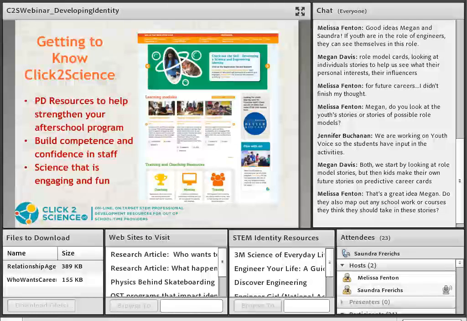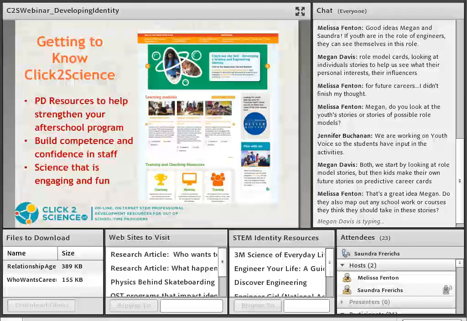But if that's not your role, there's also resources you can use to help yourself build your own skills in facilitating STEM learning. If you work with youth in after-school programs and 4-H clubs or at a museum, we hope that you'll be ready to share some ideas today from that perspective of someone who works with youth.